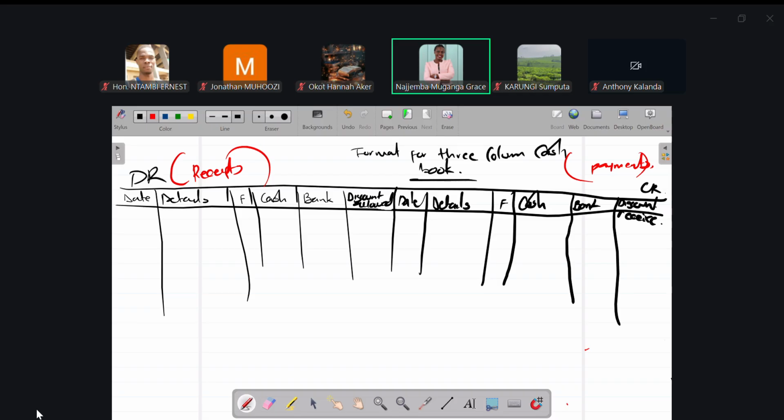So the evening group, to bring you up to speed, basically the cash book records cash and bank transactions. Are we together? We are looking at a 2-column or a 3-column cash book.